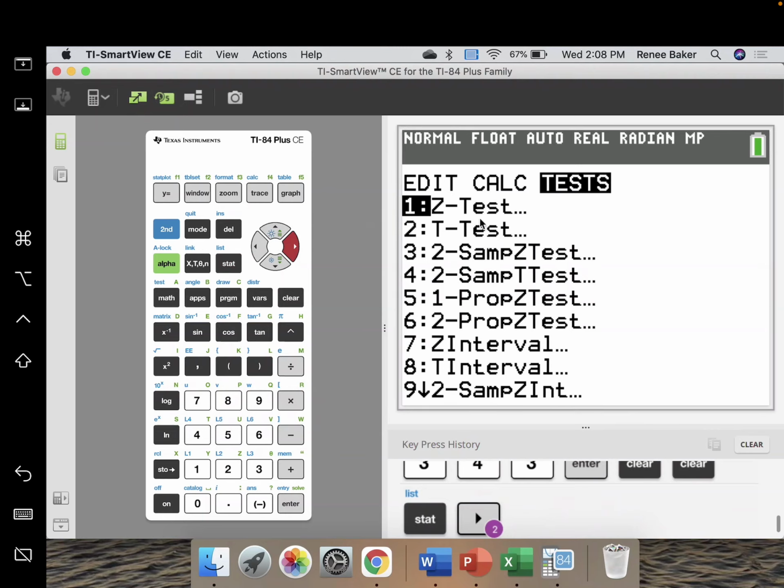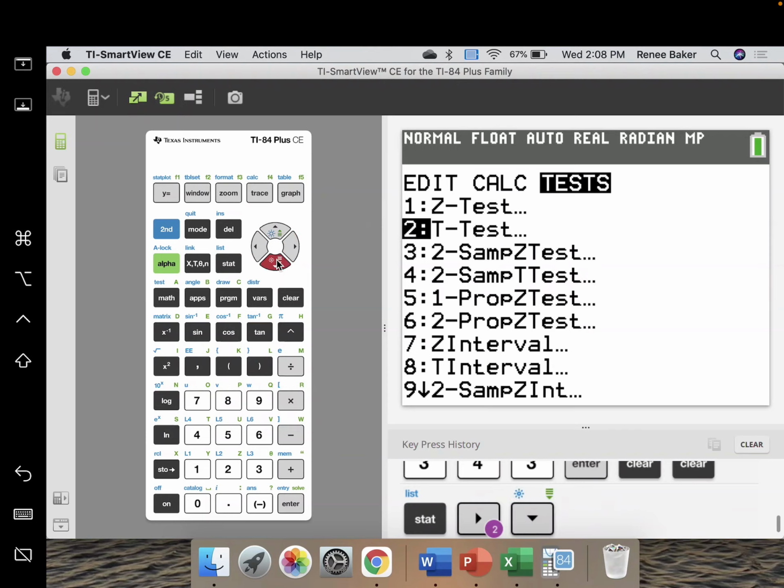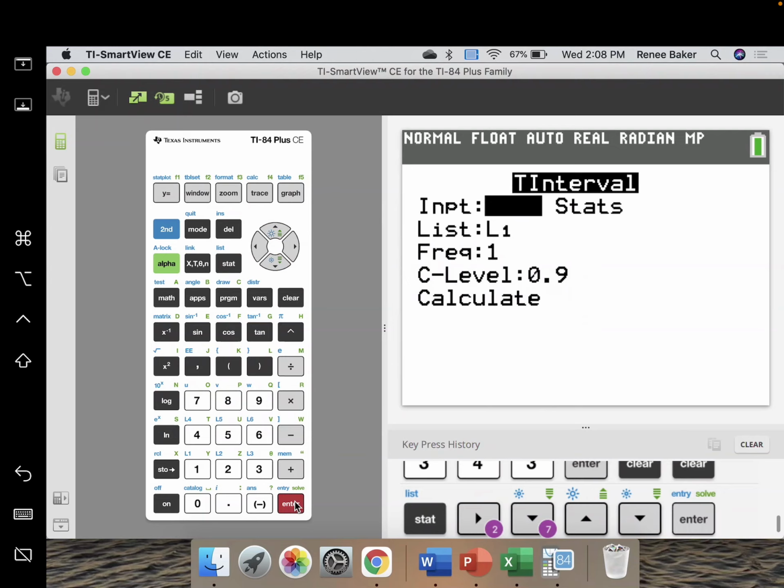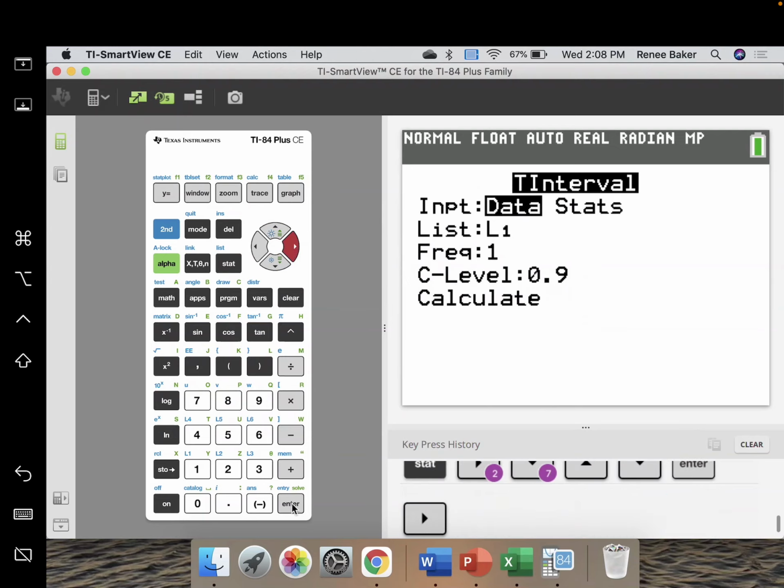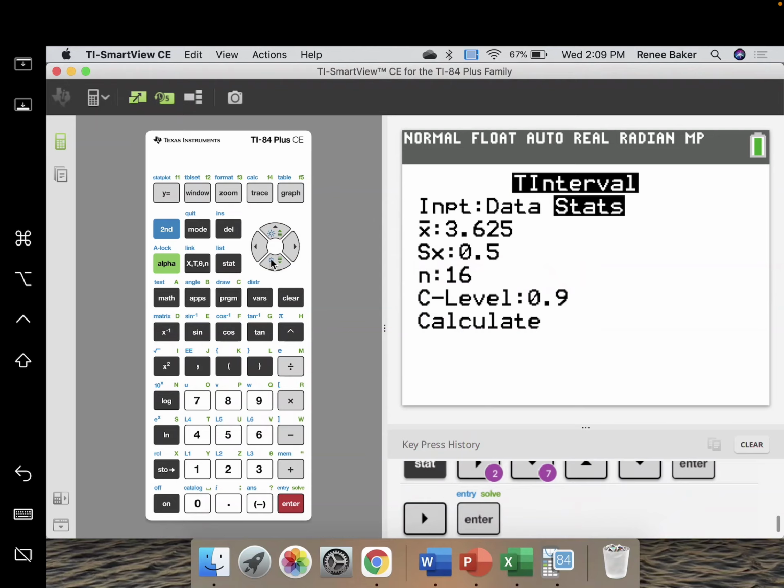Under Stat, going over to Tests, you can scroll down and see that number 7 is a Z interval and number 8 is a T interval. So in this problem, if I choose T interval, I am going to be putting in the stats. Data is what I would use if I had a list of data and I could put it in list 1 and then it would calculate everything I needed.